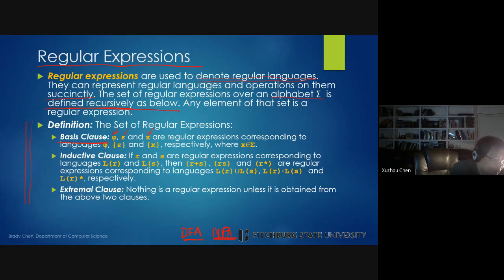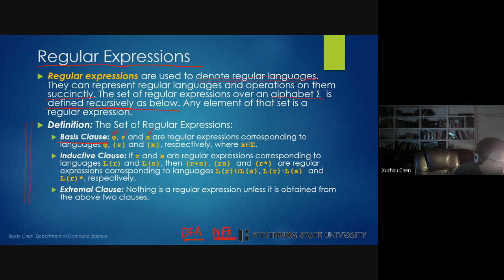Corresponding to the phi, it basically means an empty set, and the epsilon basically means an empty string. So that's a difference. Phi means a set, an empty set, and the epsilon means the empty string.